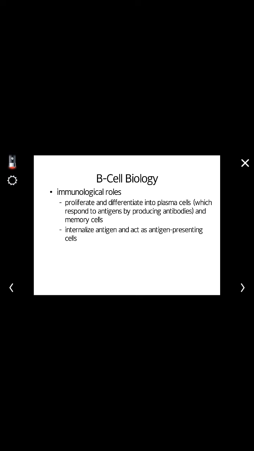B cell biology continued. We're talking about immunological roles. They proliferate and differentiate into plasma cells and memory cells, which respond to antigens by producing antibodies. They also internalize the antigen and act as antigen-presenting cells.